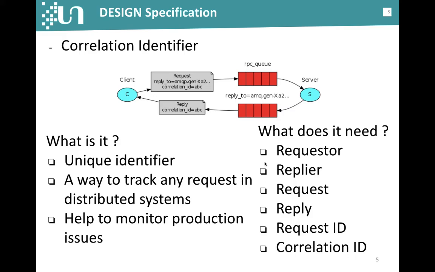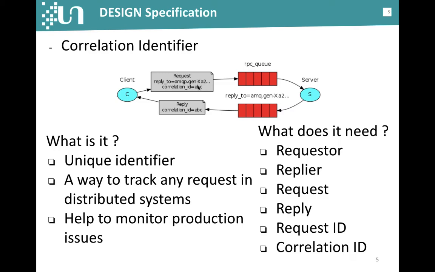The first one, the requester, which is schematized here as a client. The replier, which is here as a server. The request, which is the message which will be sent to a server. The reply here, which is coming from the server, and the ID.